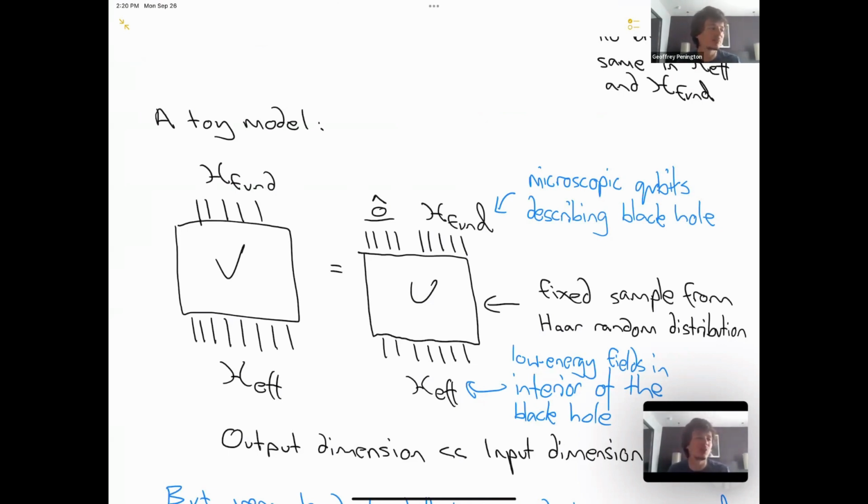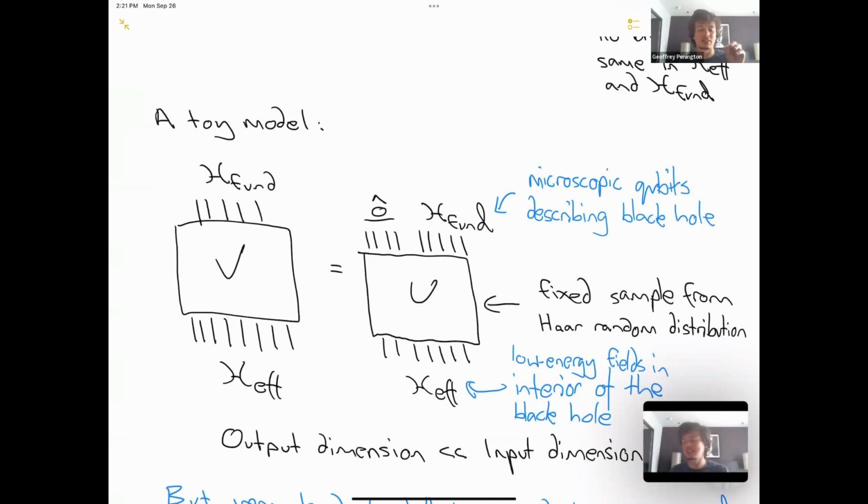And we expect black holes to be chaotic, random looking objects. So this is supposed to be a simple but crude model. But I want to emphasize here that we're not physically going to be averaging over the Haar random ensemble. We're not doing some gravity ensemble duality here, like in JT gravity.